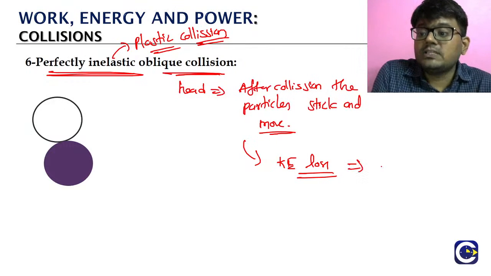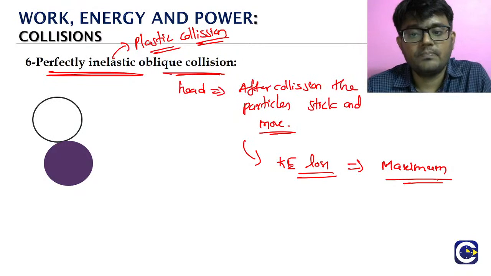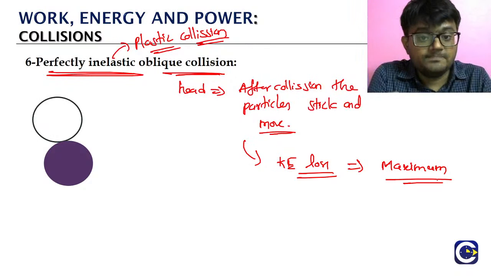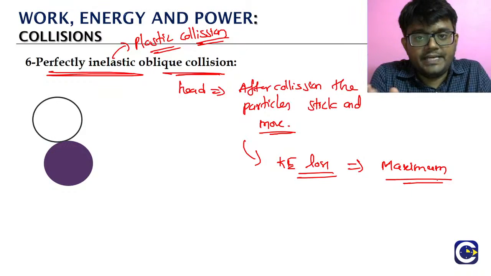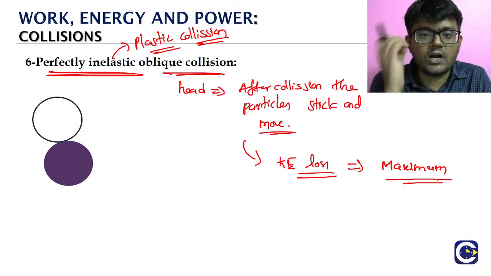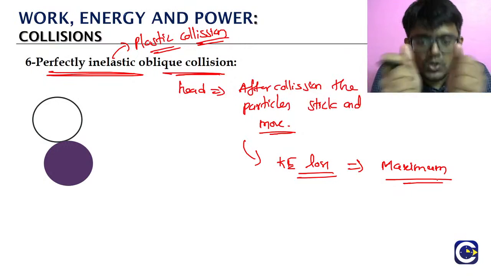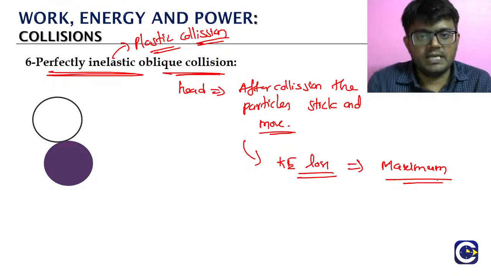The kinetic energy loss is going to be maximum in one particular situation. ஒரு particular scenario ல kinetic energy loss will be maximum. அது என்னது? In case of the head on type of collision, when both of them move with a common velocity, right? Stick ன்னு சொன்னா, it is not like always they are physically stuck and not moving. It is not like that. Collision க்கு அப்புறம் they will be moving with a common velocity. அதுதான் concept.